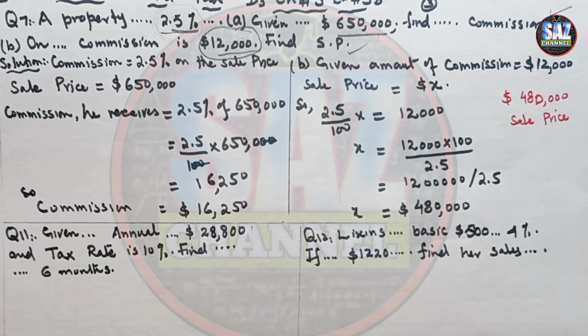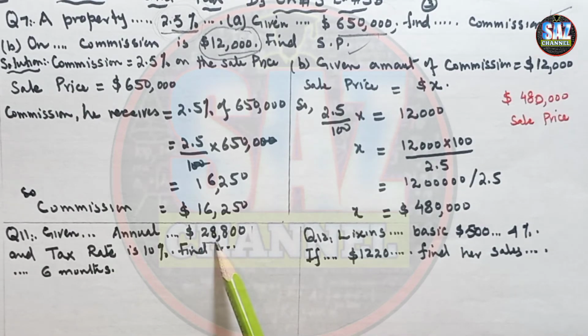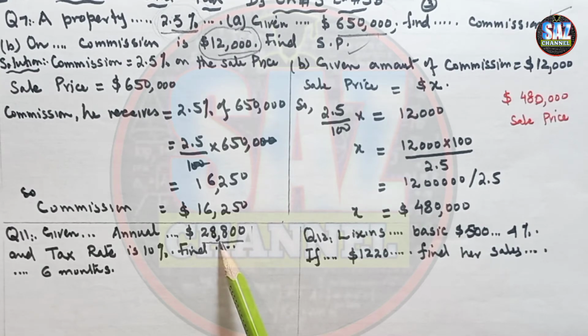In this problem, given that the annual value of the flat is $28,800 and the rate of tax is 10% per annum, find the property tax payable for 6 months.